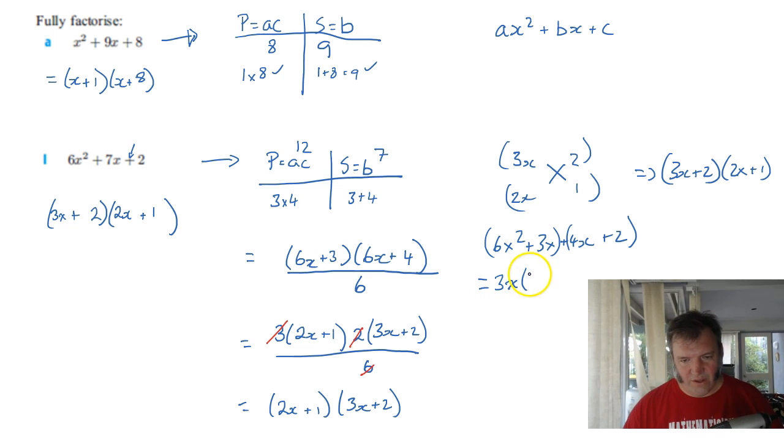But this would still work, wouldn't it? 3x outside of, would work if I wrote the right number. 3x times 2x would give me 6x squared, plus 1. That's going to be 2x plus 1. The second bracket has 2 as a common factor. The remaining factor is also 2x plus 1. So now I've got two terms with 2x plus 1 as a common factor. And then I can write the remaining factors, 3x plus 2, inside brackets.